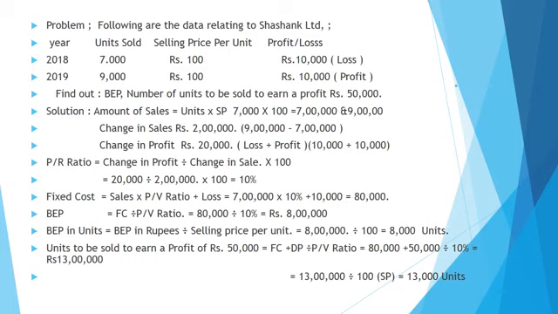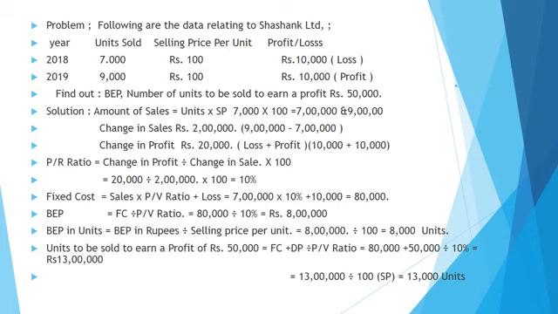In the year 2018, sales are rupees 7 lakh, that is 7,000 units into rupees 100 selling price per unit. And in the year 2019, 9,000 units are sold into selling price per unit 100, that is 9 lakh. So 9 lakh minus 7 lakh is the change in sales, that is rupees 2 lakh.